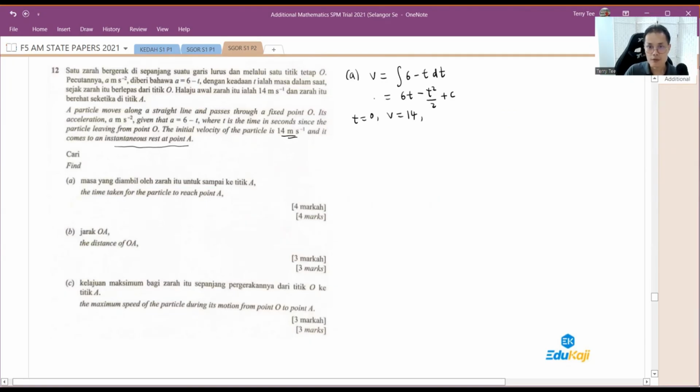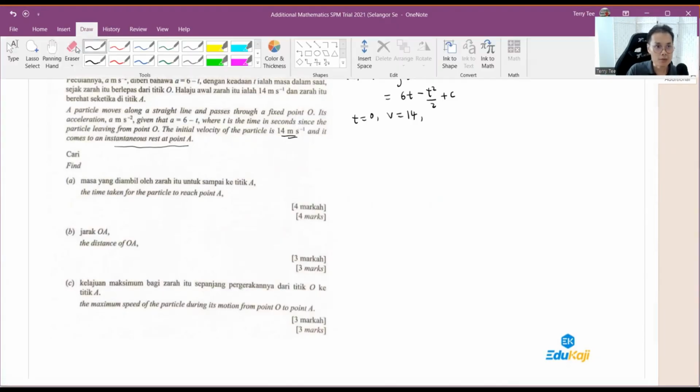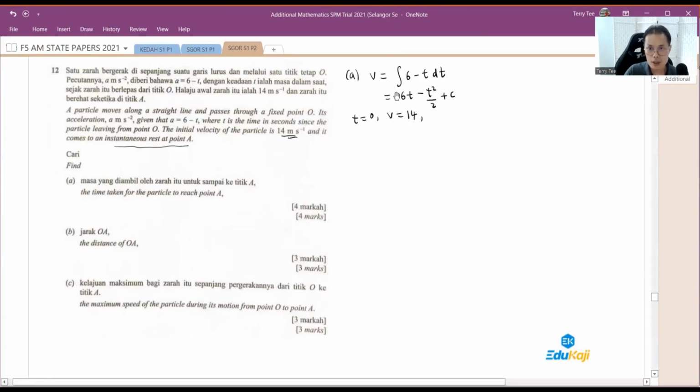Now picture this, if v is 14 at t equals 0, c should be 14. Yeah, c in this case is your initial velocity. So we can write your v as 6t minus t squared over 2 plus 14. So this is your velocity function.